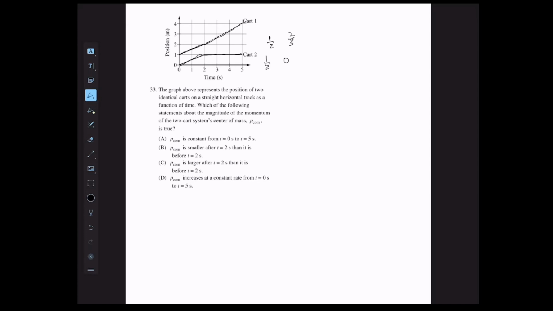Okay. So let's see. So the center of mass decreases because the total velocity initially is 1 and then it becomes 2/3.